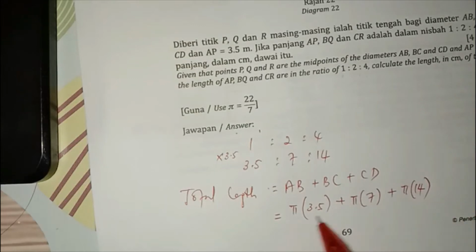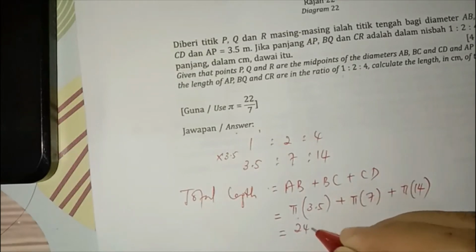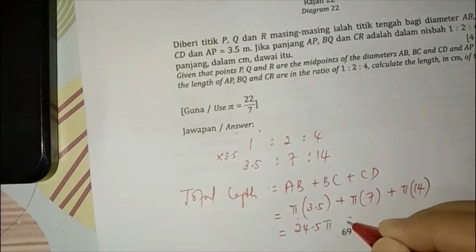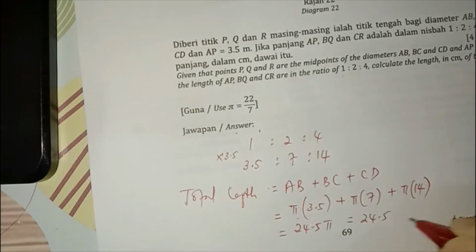This is for semicircle. Actually, for one complete circle is 2 pi r. Okay, so we get 24.5 pi, or 24.5 times 22 over 7.